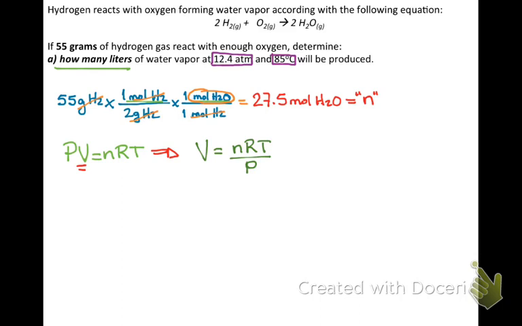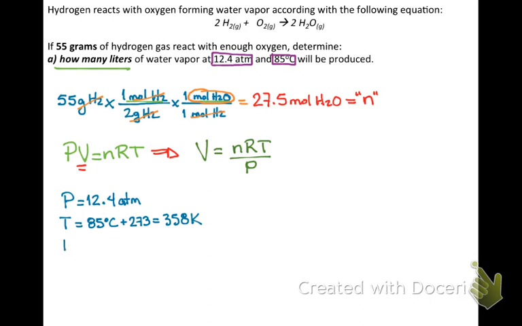We have a pressure of 12.4 atmospheres. We have a temperature of 85 Celsius degrees, but remember that we need Kelvin, so we add 273, and we have 358 kelvins of temperature.